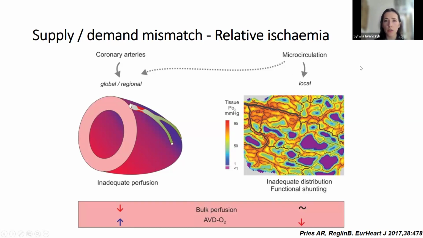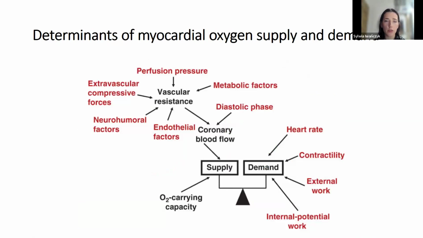In microcirculation, the processes are rather local and connected with inadequate distribution of the flow and functional, for example, functional shunting.